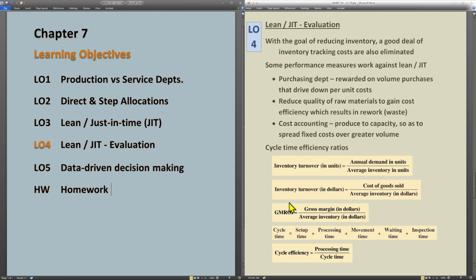Also, if you remember when we studied fixed costs, we said it was best for a company to work as close to capacity as possible, because the more units you spread the fixed cost over, the lower the overall per unit cost is.